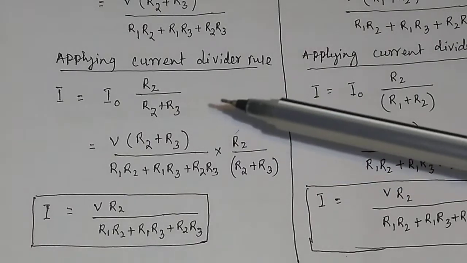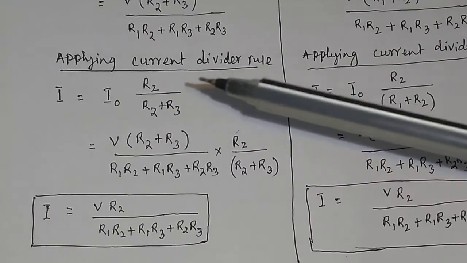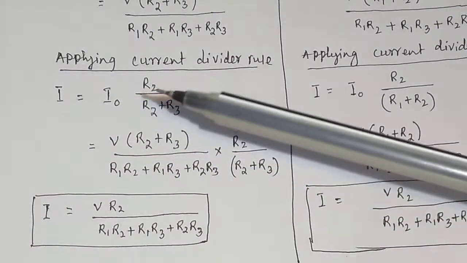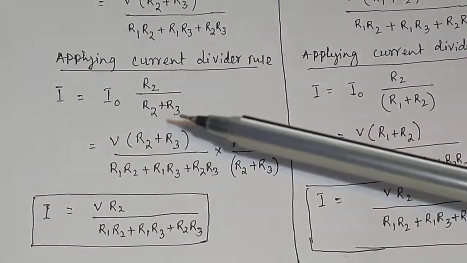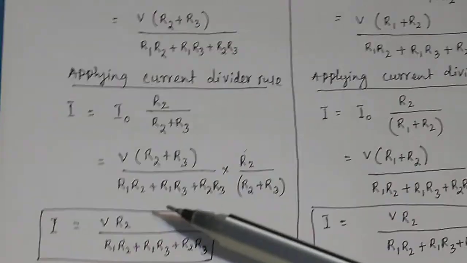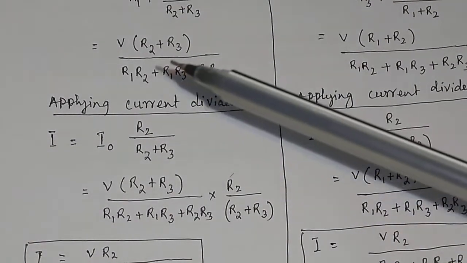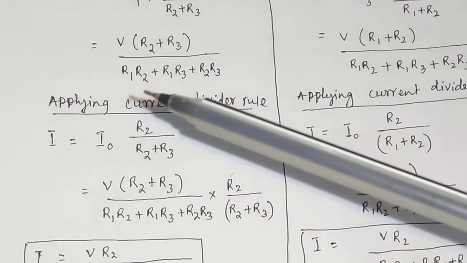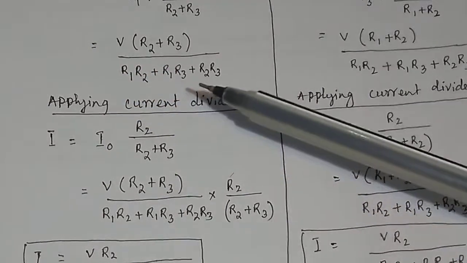So using the current divider rule, the current through R3, I, will be equal to I0 into R2 divided by R2 plus R3. And we have calculated I0 equal to V into R2 plus R3 divided by R1 R2 plus R1 R3 plus R2 R3.